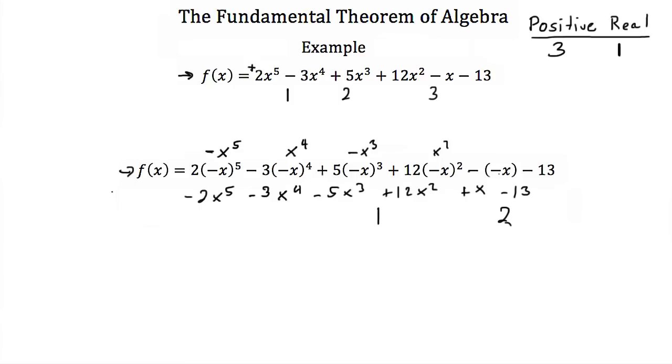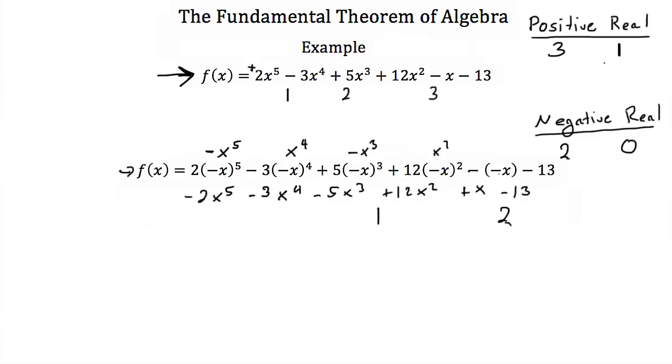So, counting those with the negative version of our polynomial, we find out that this original polynomial can have either 2 or less by an even number, so 0. So it'll have either 2 or 0 negative real solutions.